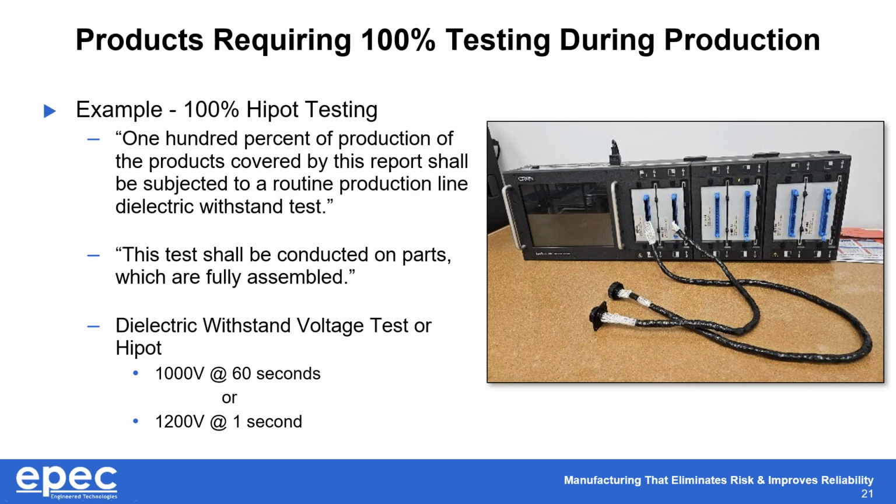Depending on the exact requirements and applications, a majority of our custom heater products go through 100% high pot testing. Quite literally, UL will dictate to the manufacturer, to Epec, that 100% of production of the products covered by this report shall be subjected to a routine production line dielectric withstand test, also known as high pot.